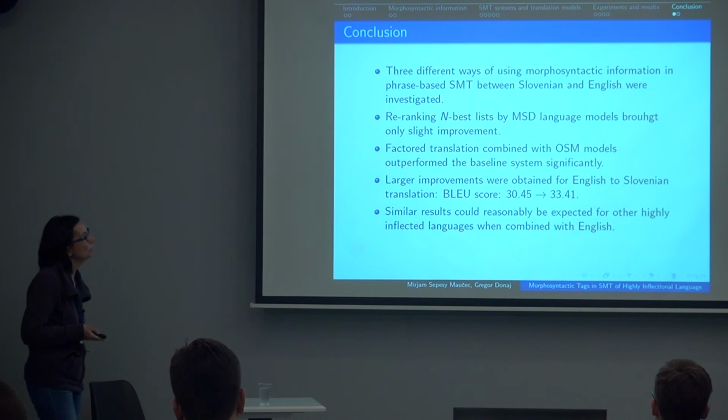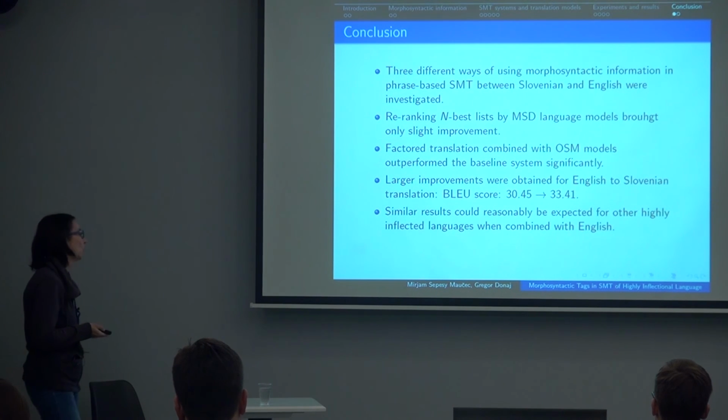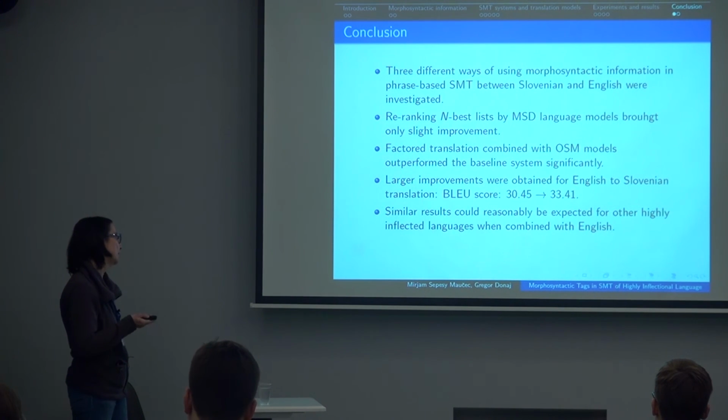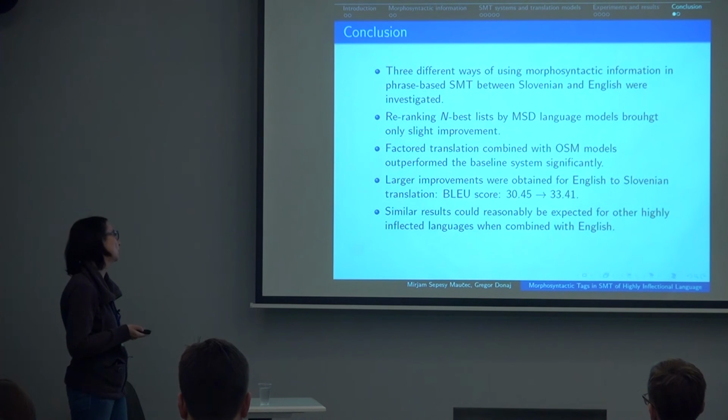Larger improvement was obtained for translation from English to Slovenian. If we compare the BLEU score of the baseline and the best system, we can see an increase of 2 BLEU points. It's quite a big improvement. And we think that similar results could reasonably be expected for other highly inflected languages as well, when combined with English having simple morphology.